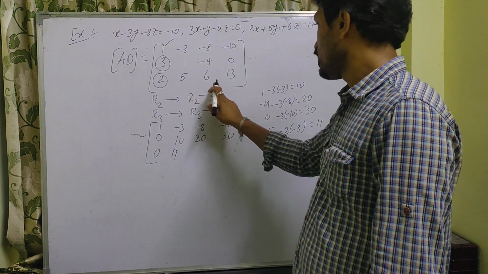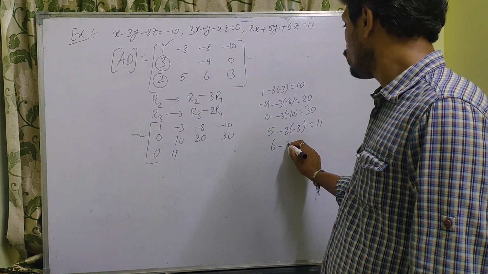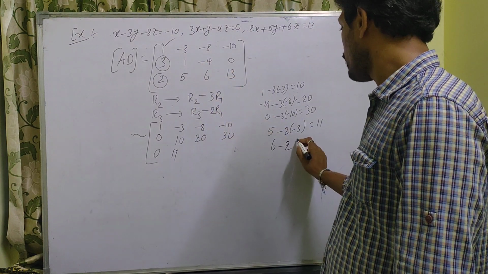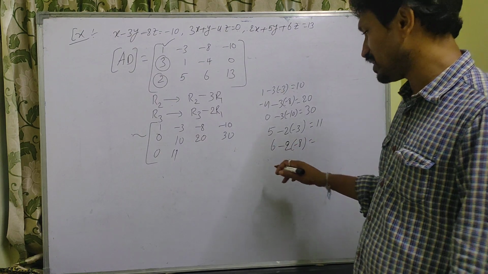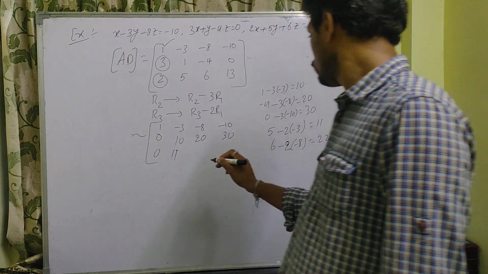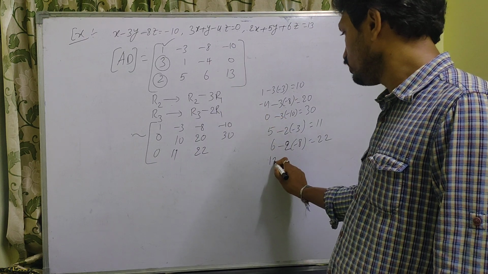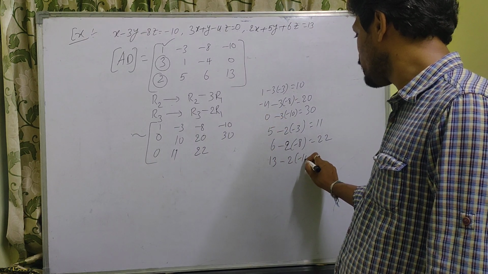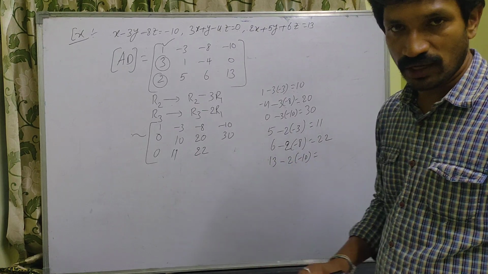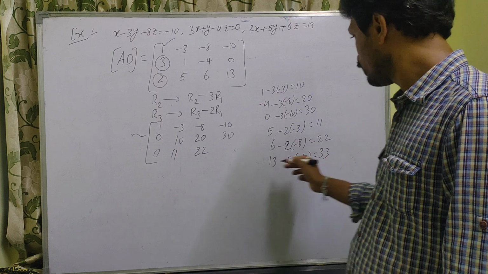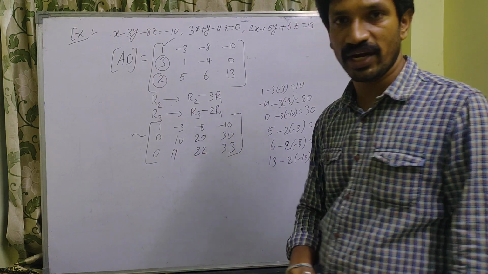Next, R3 means here 6 minus 2 into minus 8, so 2 8s are 16, plus 6, that is 22. Next, R3 means here 13 minus 2 into minus 10, 2 10s are 20, 13 plus 20, that is 33. So the second row and third row are completed.